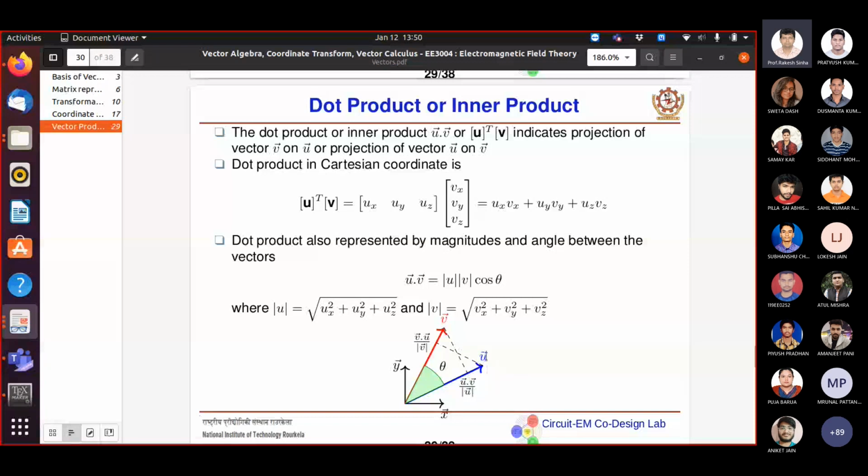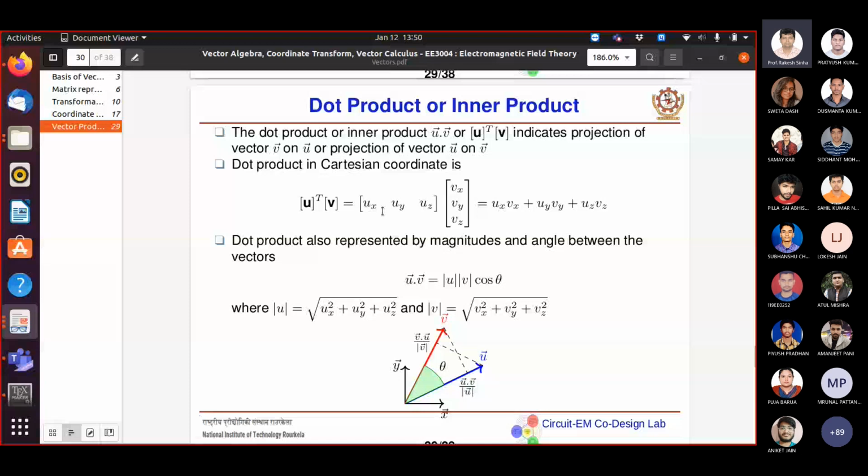So what is the unit vector in the U direction? That is U divided by the length of U. Here you can understand what the length is. If I want to do the matrix multiplication, it is basically the transpose. You know how to do this kind of matrix multiplication, and it is very easy to perform this inner product.